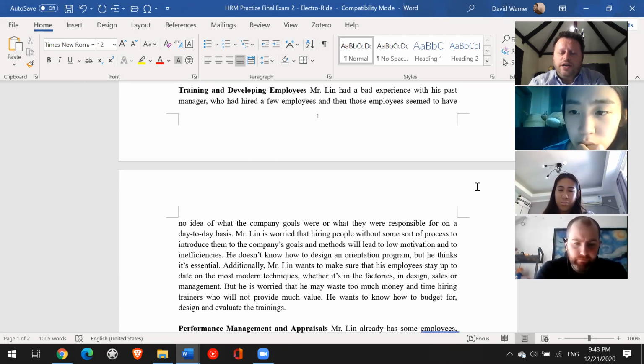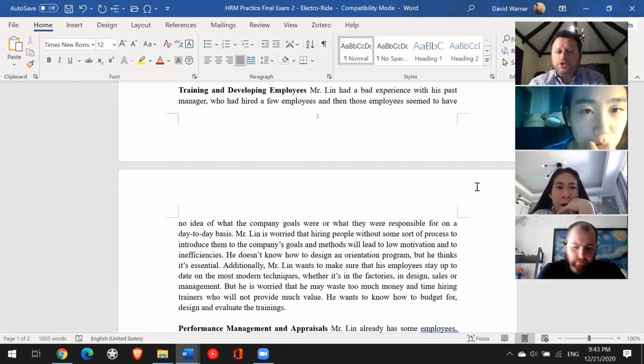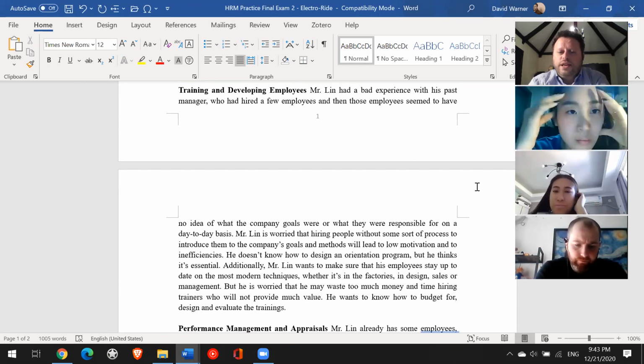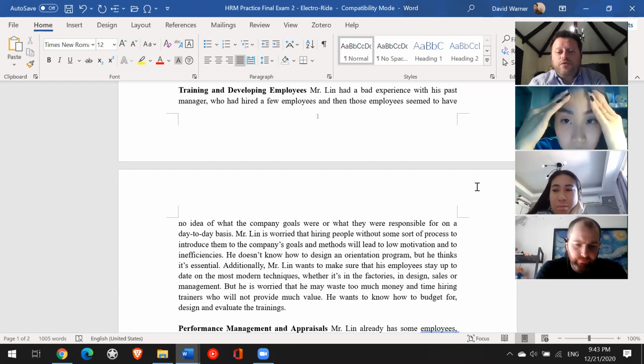He doesn't know how to design an orientation program, but he thinks it's essential. Additionally, Mr. Lin wants to make sure that his employees stay up to date on the most modern techniques, whether it's in the factories, in design, sales, or management. But he's worried that he may waste too much money and time hiring trainers who will not provide much value. He wants to know how to budget for, design, and evaluate the trainings.